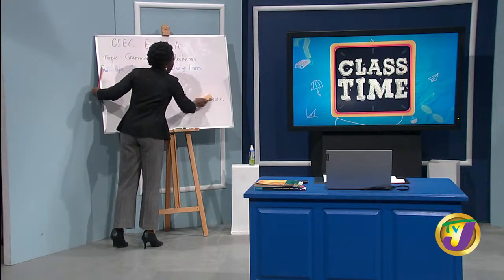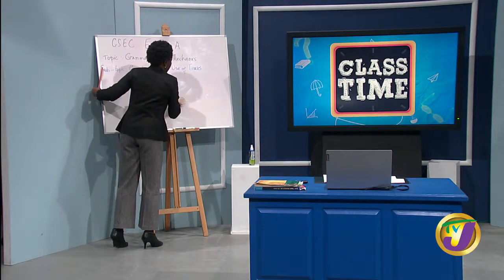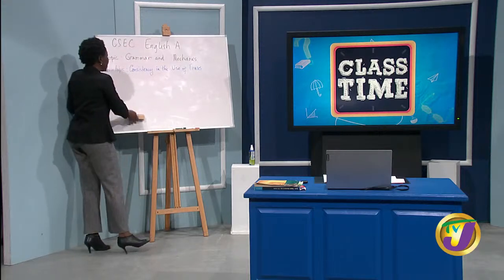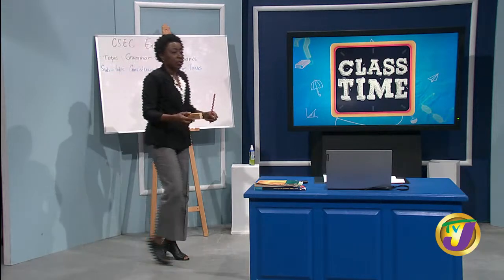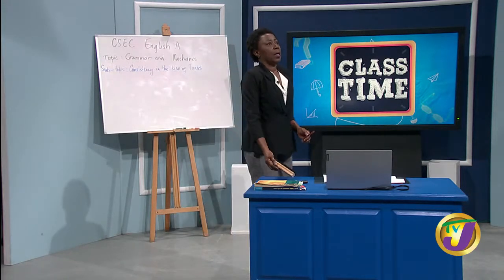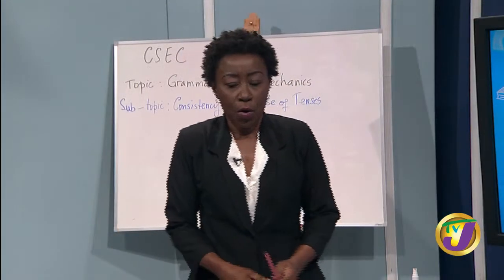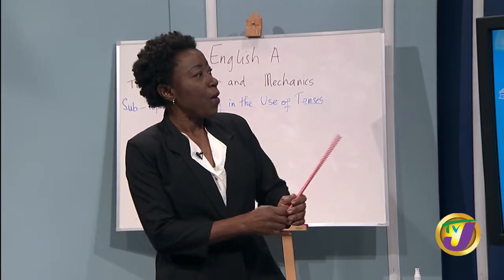So the perfect tense is used to express in the present perfect something that is relevant now, but it did not necessarily begin now. Okay then?